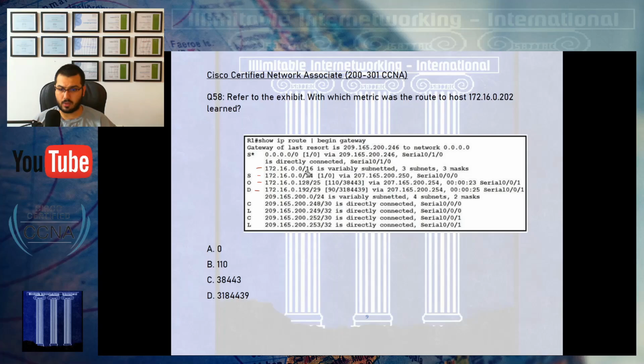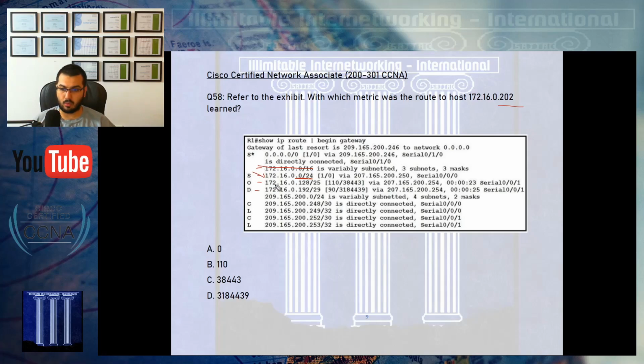Then we have 172.16.0.0/16, which includes 65,000 IP addresses, so this one matches. The 172.16.0.0/24 also matches, because /24 means there are 254 IP addresses inside it. But this one has a longer match than the previous one, which means this one is better.